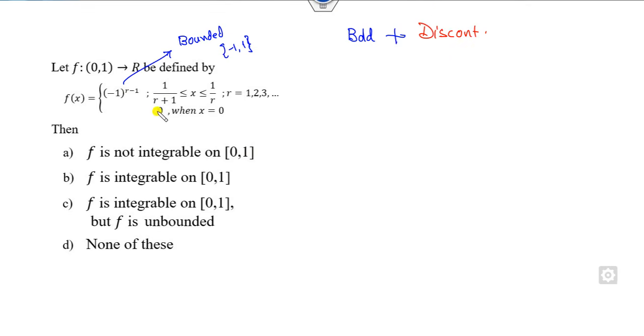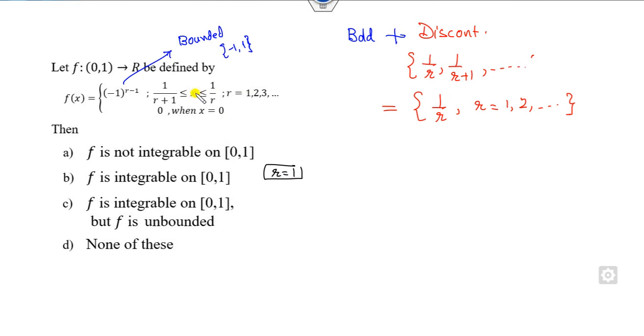Clearly this function is discontinuous at the points 1 over r, 1 over r plus 1, and so on, or in general 1 over r, where r is 1, 2, and so on. If I take r as 1, what is the function? It is plus 1, and for 1 over 2 it is minus 1.